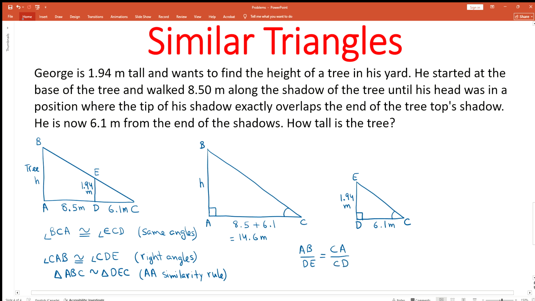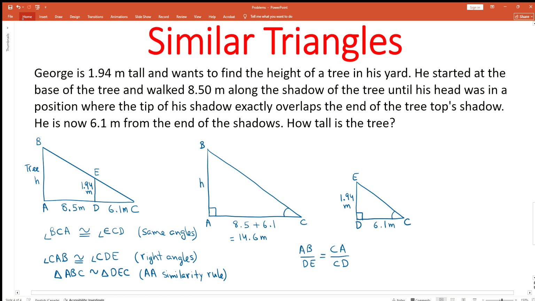In these two triangles, sides BC and EC are also corresponding sides, but since we are not given their side lengths and we do not have to find their side lengths, we can ignore these two sides for the analysis. So we can use this equation to find the height of the tree.